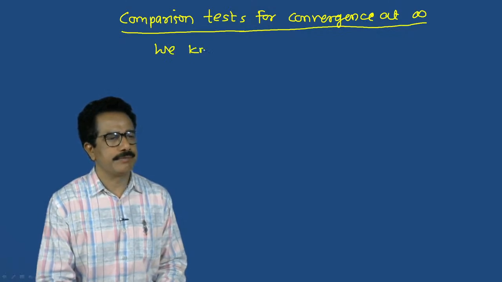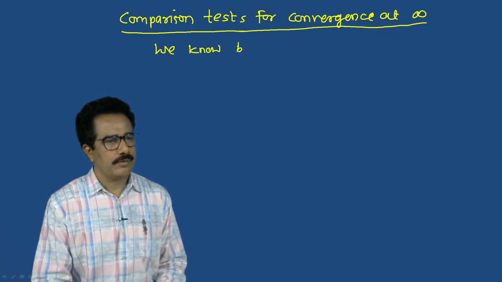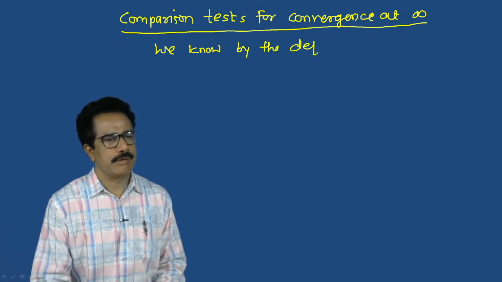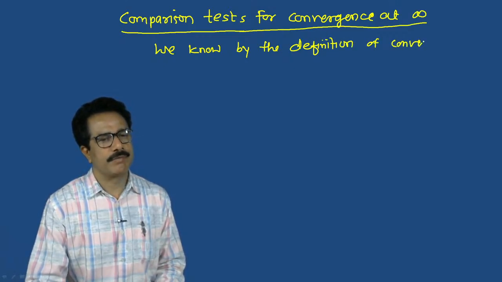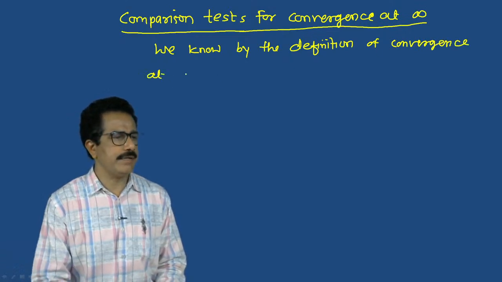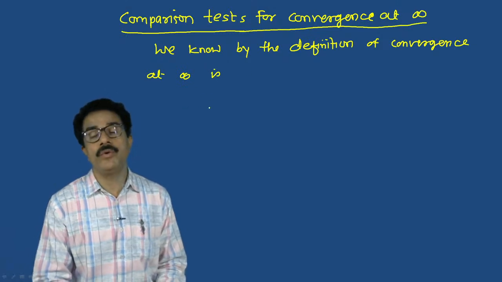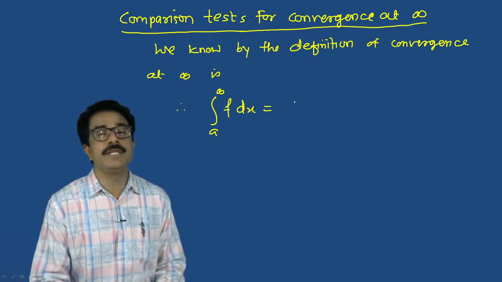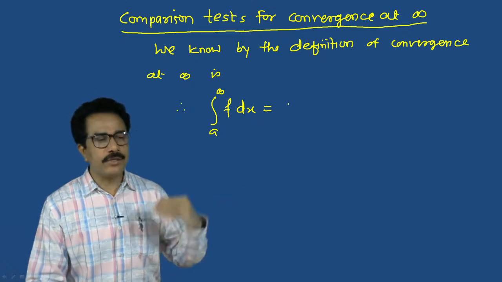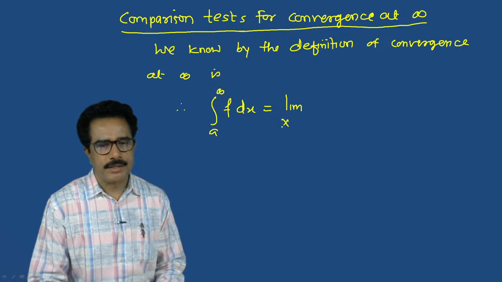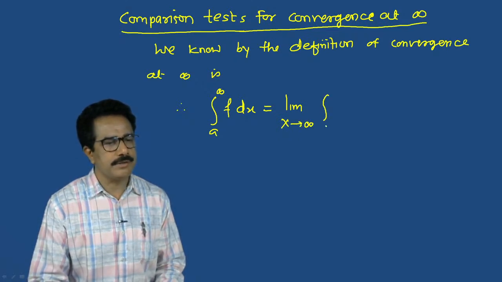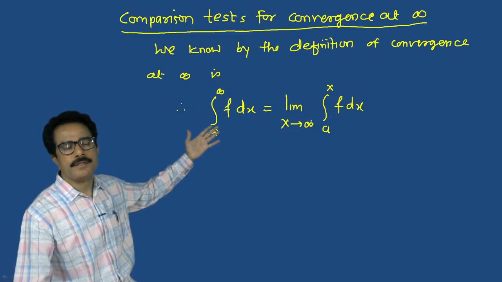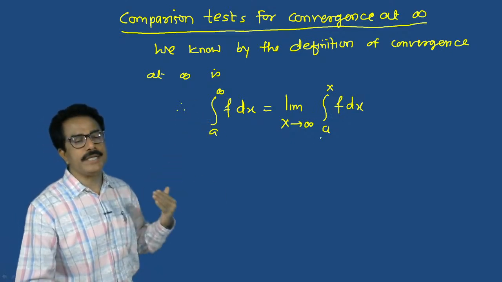We know that by the definition of the convergence at infinity, the integral from a to infinity of f dx is said to be convergent if the limit as capital X tends to infinity of the integral from a to X of f dx exists.